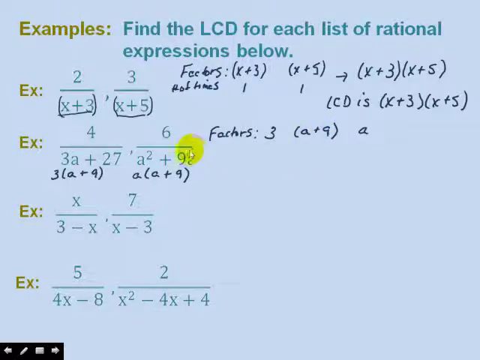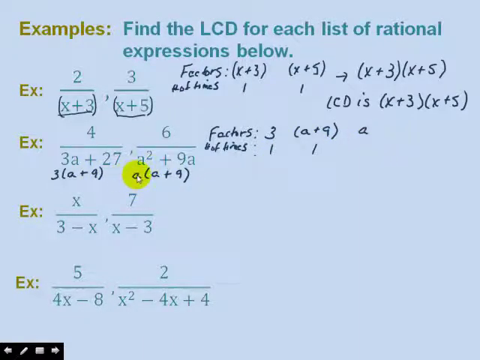We don't have to write down the a plus 9 again though, because we already have it written down as one of our factors. So now we're looking at the number of times each one of these factors occurs. The 3 only occurs once. And the a plus 9, even though it occurs in both of our different denominators, the maximum number of times it occurs in any one of them is only once. So we only need to put that down as a 1.